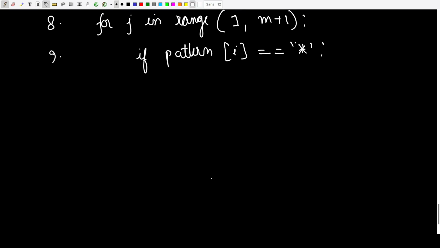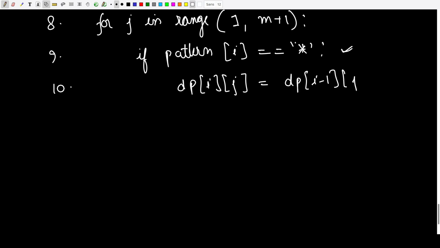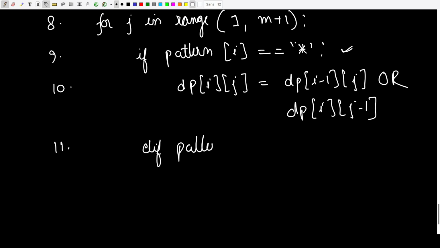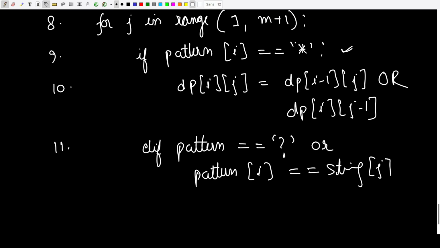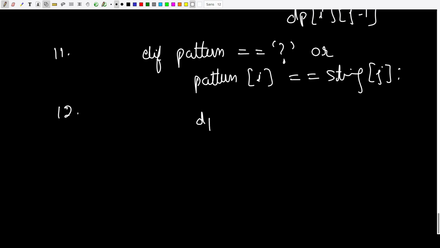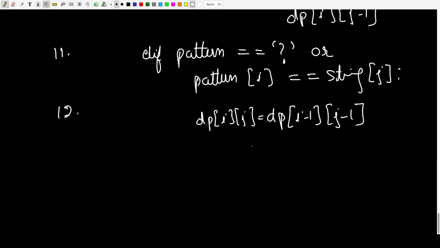If it does, then as we have discussed for the case of star, dp[i][j] will be given by dp[i-1][j] or dp[i][j-1]. If the pattern equals a question mark or the ith pattern character equals the jth string character, then dp[i][j] will be given by dp[i-1][j-1].